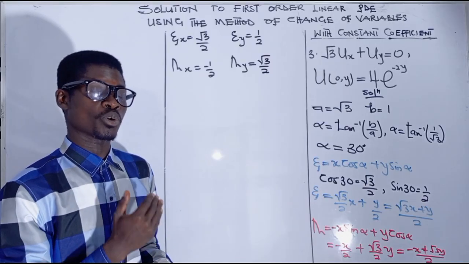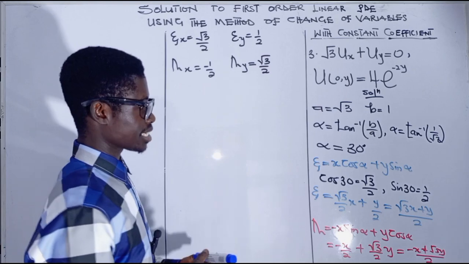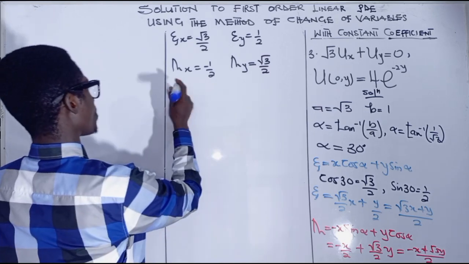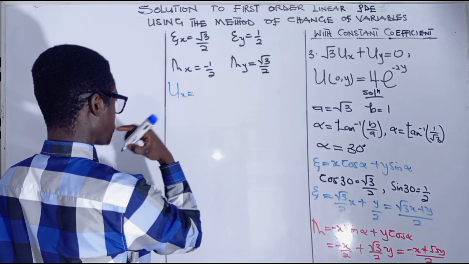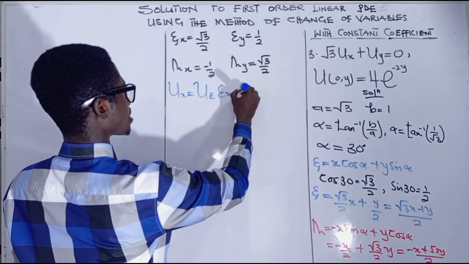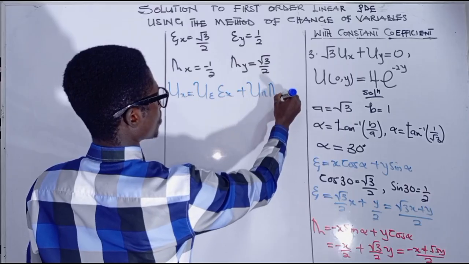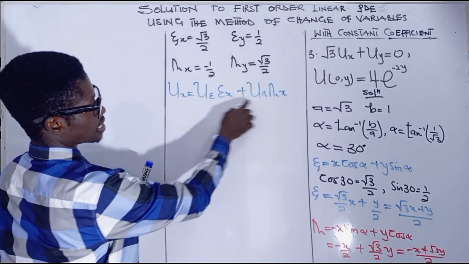So once we are done with this, we move on to the test that we say find the expression for ux and then what? Uy. We write an expression for ux and then uy. So we know that our ux is given as what? U xi x plus u eta what? X. So let's plug in xi x and then eta x.